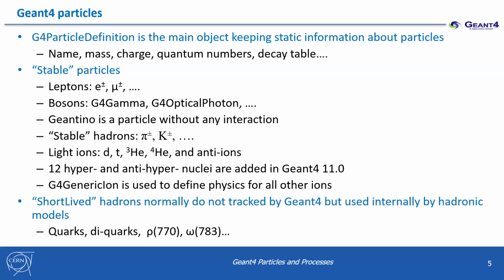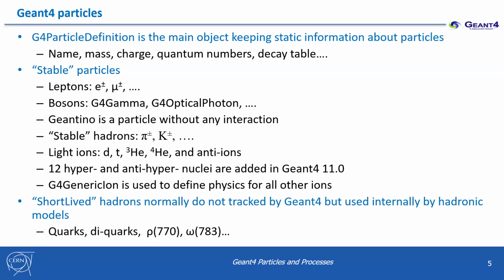So we have quarks, for example the d-quark. We do not track quarks in Geant4 tracking because they are not going through normal material; everything happens inside very short distances.